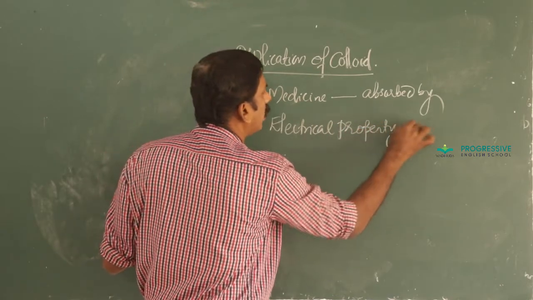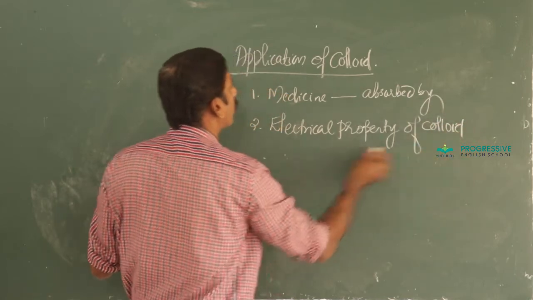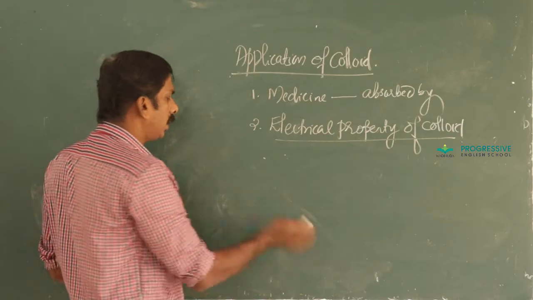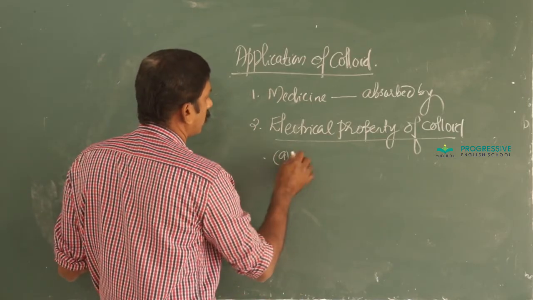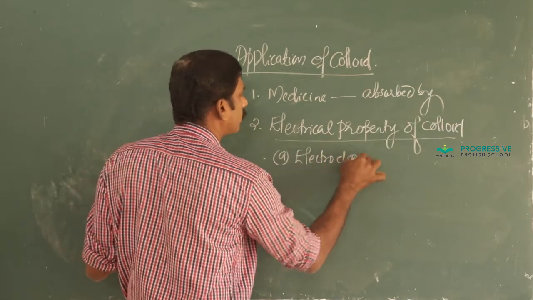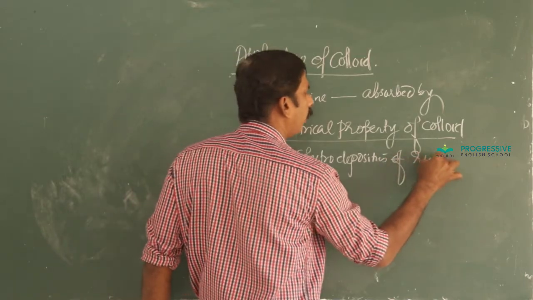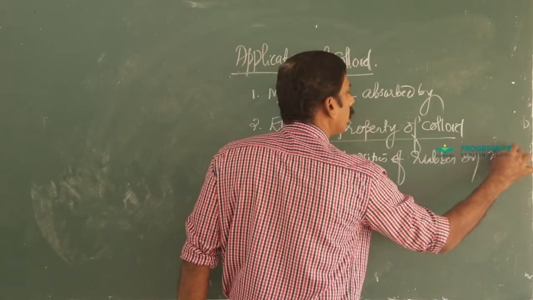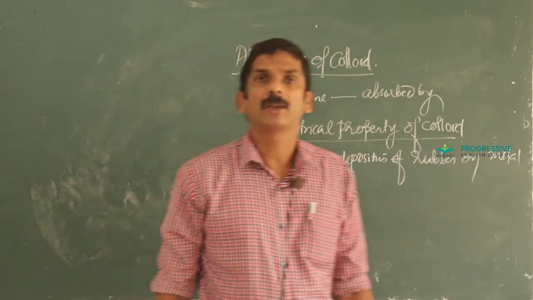Then electrical property of colloid is used in electrodeposition of rubber on metals.